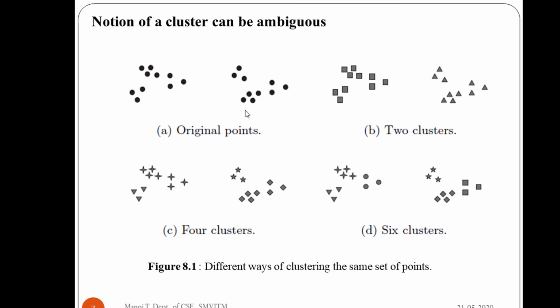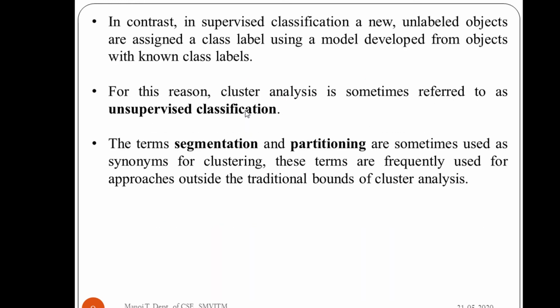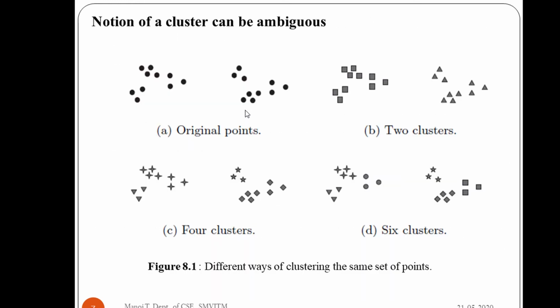That's why we say the notion of a cluster is very ambiguous when it is given in the beginning. So this is the introduction to cluster analysis. We will end this video lecture here, and in the coming lecture we will be seeing the different types of clustering and different types of clusters.